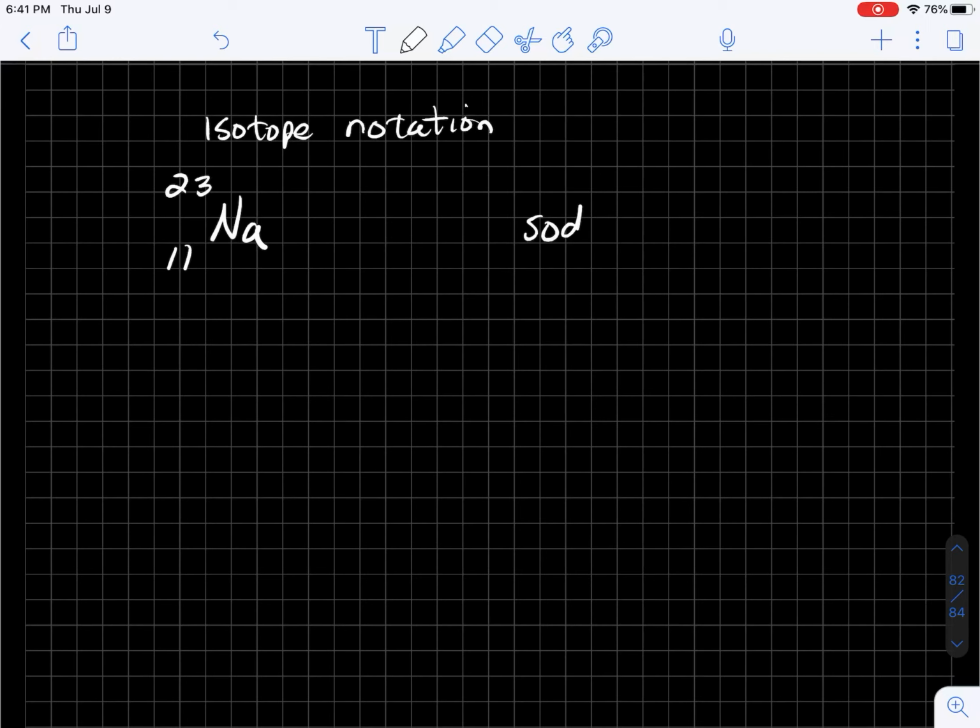This is something we called isotope notation. Again, another way of writing this would be to write sodium 23, and then that gives you the mass number right here. So it gives you the particle, sodium, and the mass that goes with it. So we're talking about a sodium 23 isotope.